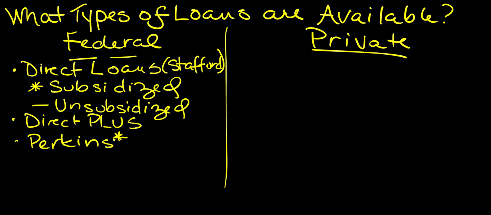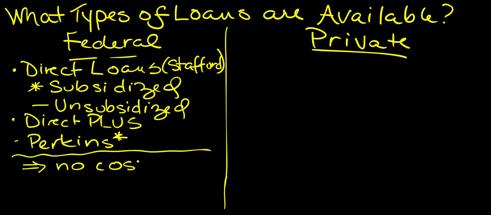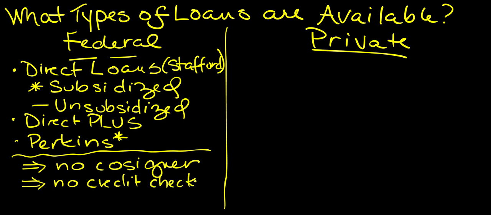Now, some things that you should know about federal loans. So I'm still talking about federal loans, but not just the types of loans. You usually don't need a cosigner. Usually. You usually don't need a credit check, unless you're talking about plus.